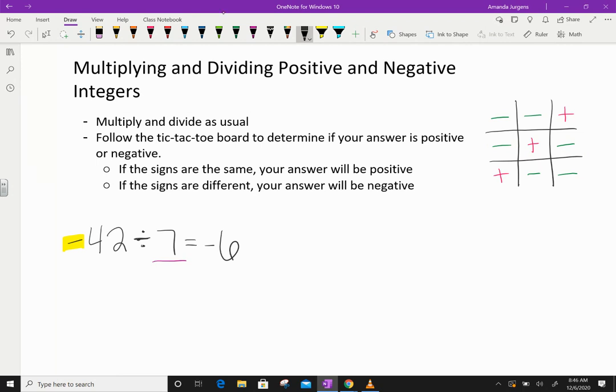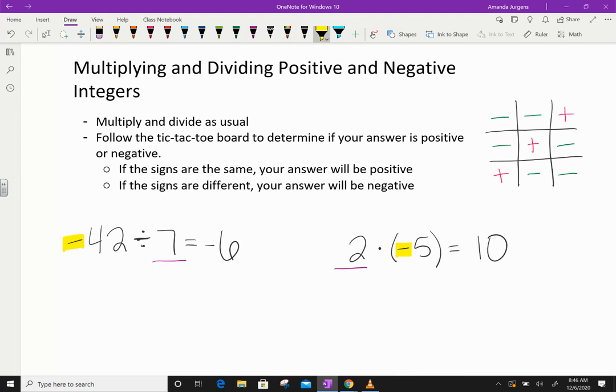Now let's say I have 2 times negative 5. Now this is a multiplication problem, but I'm still going to follow those rules. I'm going to multiply like normal. Ignore the signs for now. 2 times 5 gives me 10. Now I just need to determine if my answer is positive or negative. Again, this is a positive 2, and I see I have a negative 5, so my signs are different.